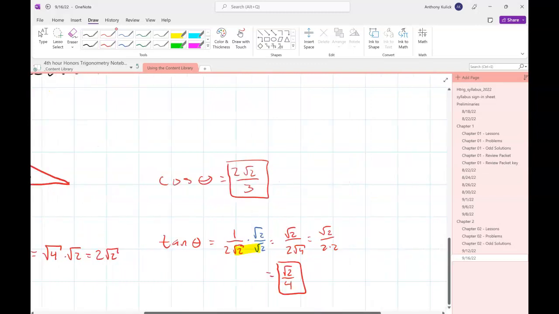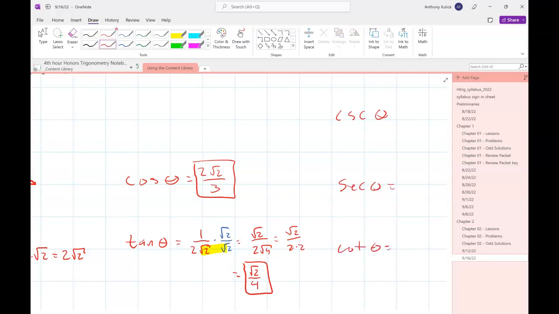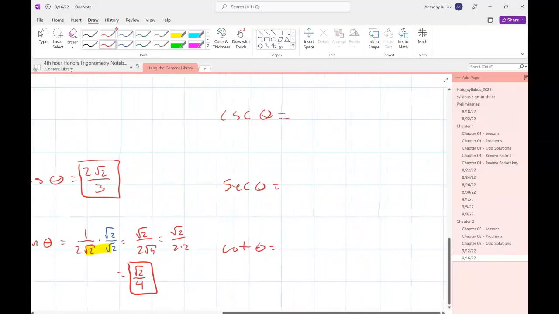But all right, then we have cosecant theta, secant theta, and cotangent theta. What's cosecant? 3 over 1, the reciprocal of sine. I'm just going to write it as 3. You guys are cool with that, right?